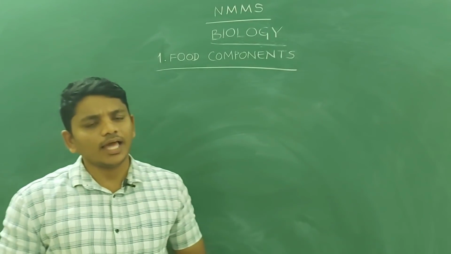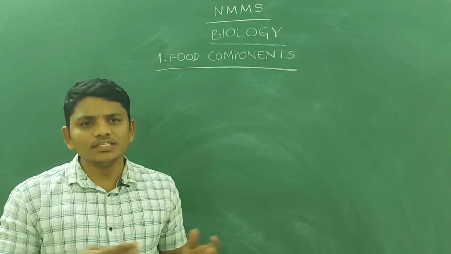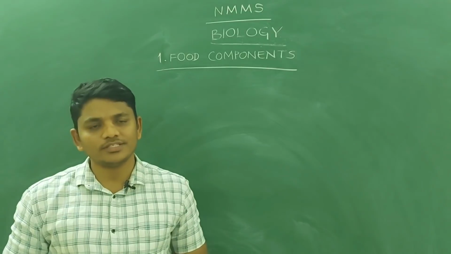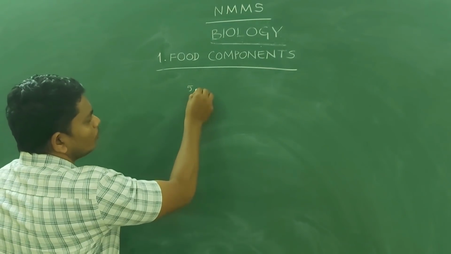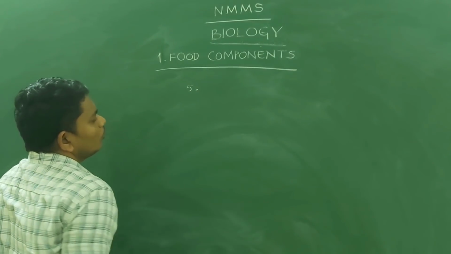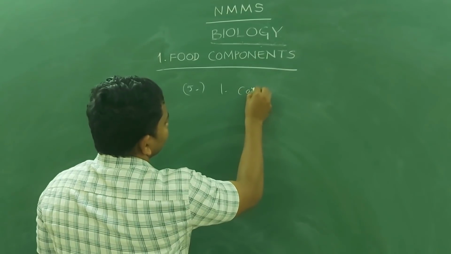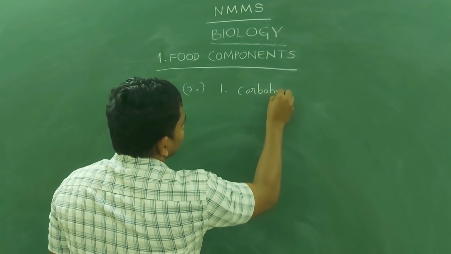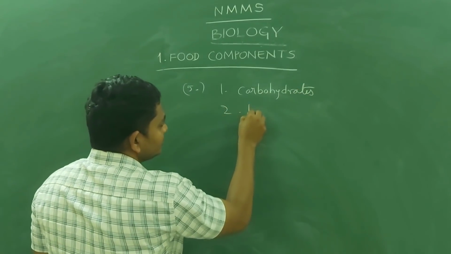In our daily life we take different types of food materials. These materials are called components. Here we have 5 types of food components. The first one is carbohydrates. The second one is proteins.